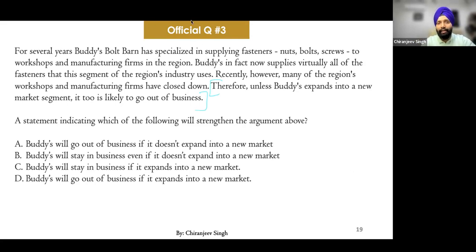Did any of you have any difficulty understanding this statement? If you had a difficulty, say yes. If you didn't, say no. What about others? Did you have difficulty understanding the last statement, which is the conclusion?